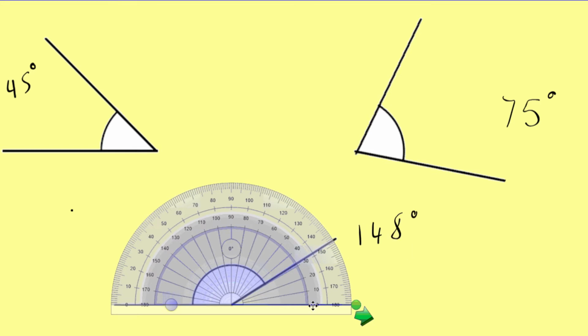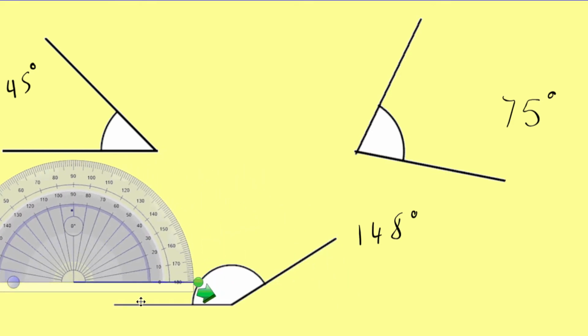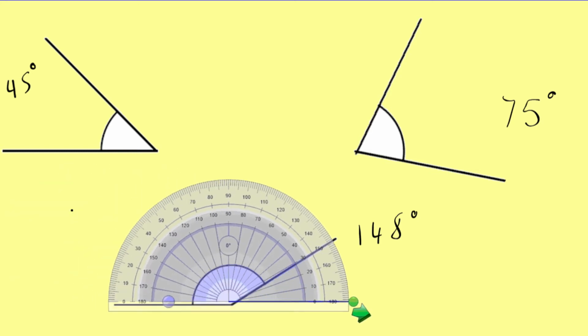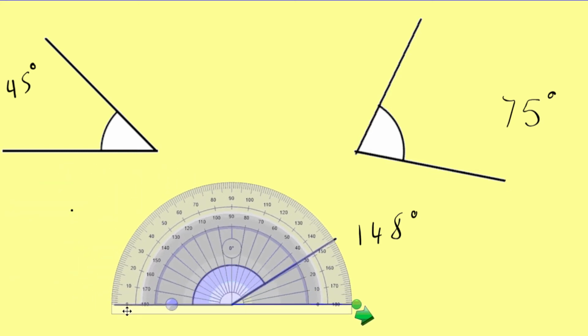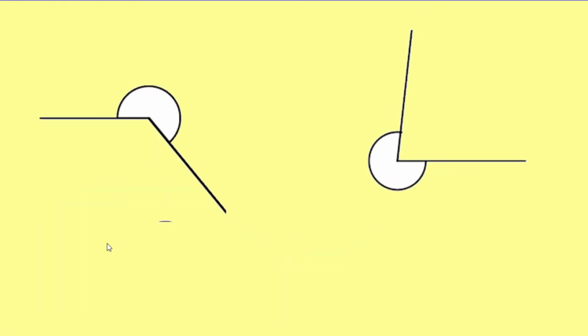If I accidentally measured from here to here, I'd get 30. Okay, so that's wrong because we know it's an obtuse angle, so it can't be anything less than 90. So just make sure you're measuring the inside numbers or the outside numbers correctly.